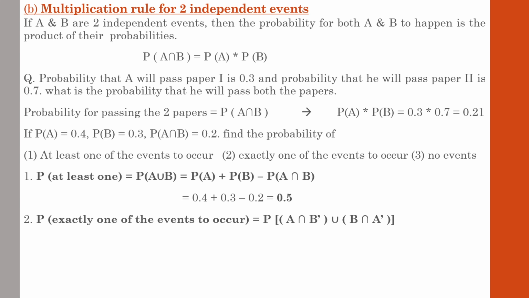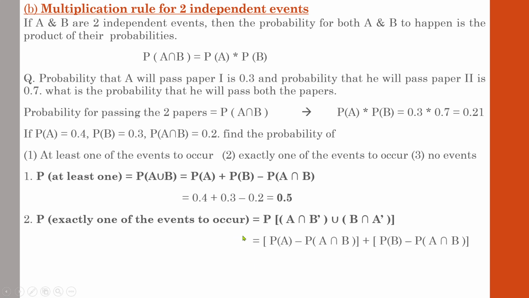So when A occurs, B will not happen. That is represented by A intersection B dash. Or it may be like this: if B occurs, A will not happen. So that is represented by B intersection A dash. So remember, exactly one of the events occurs. This is the equation, and we can expand these two terms in order to directly substitute the values.